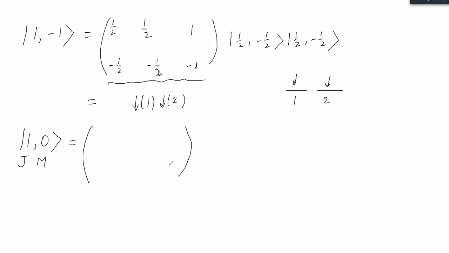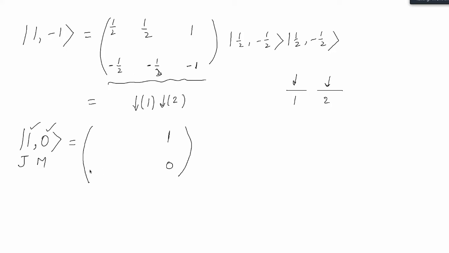Now I want my M to be 0, and I want my J to be 1. J to be 1 and M to be 0. Now, how can we get total M equal to 0?